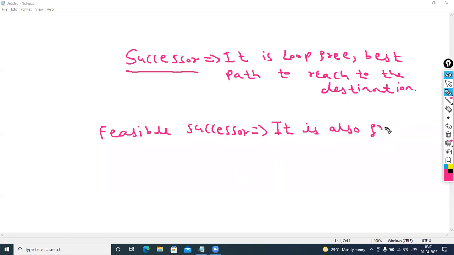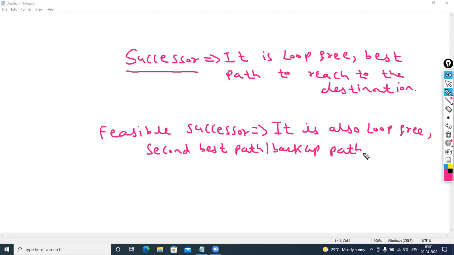It is the second best path, or we can call it a backup path, or a suboptimal path, to reach the destination.